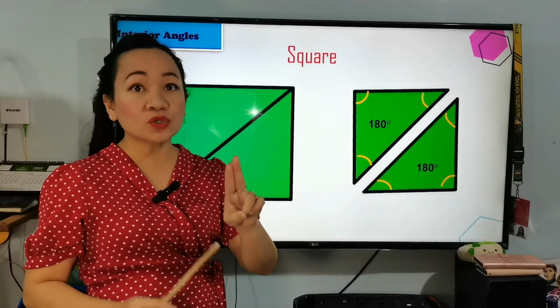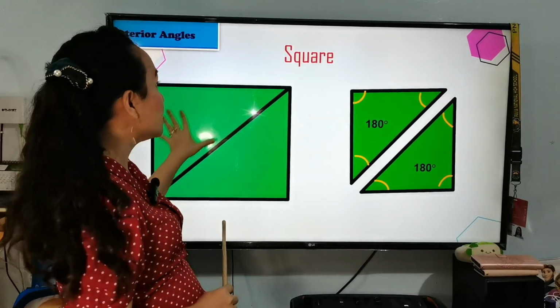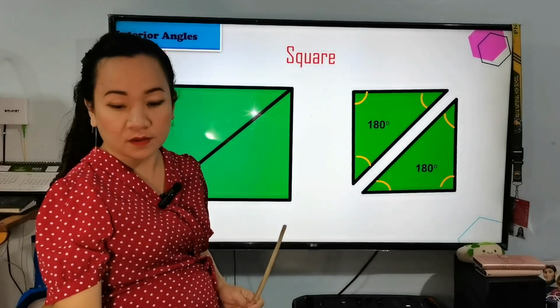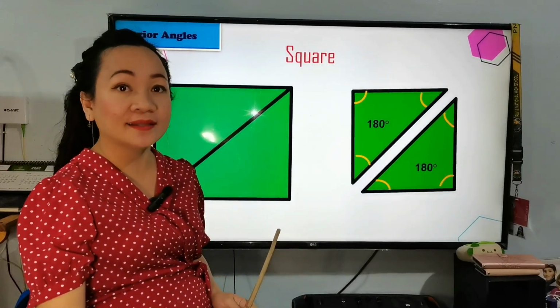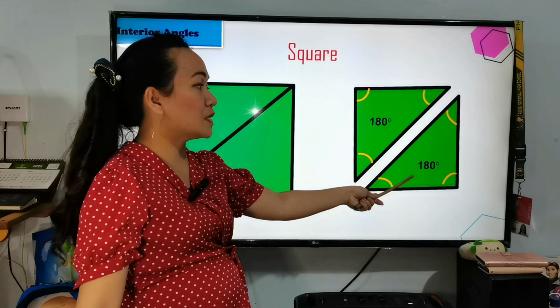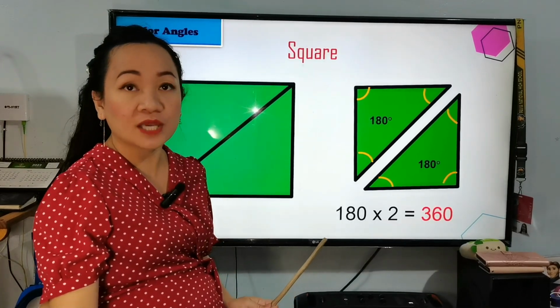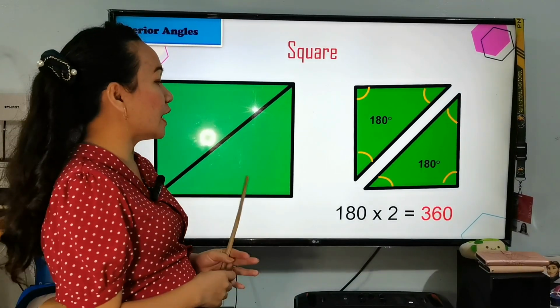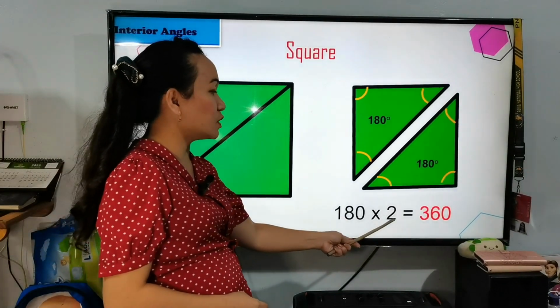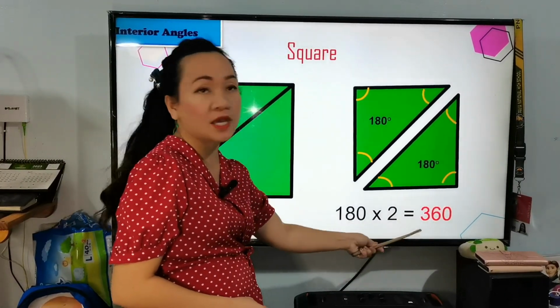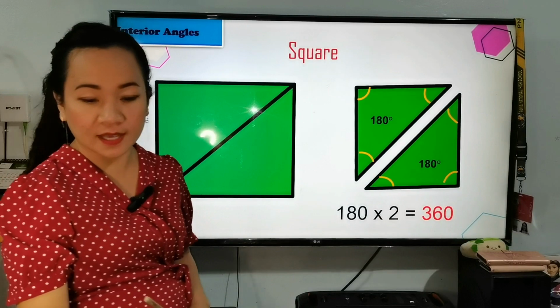Since we have 2 triangles formed in our square, what we are going to do is add 180 plus 180, so we have 360. Or you can have 180 times 2, that is equal to 360. Next example.